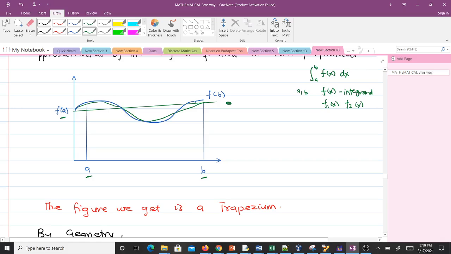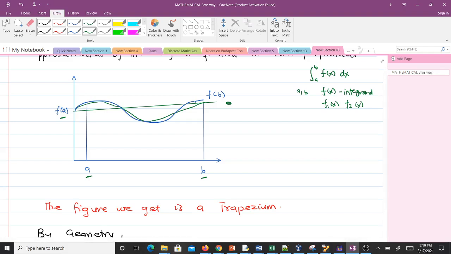This figure is not drawn to scale, but the figure we get here is a trapezium. We are going to derive the formula for the single segment trapezoidal rule, and we are going to use two methods, by geometry and using calculus.